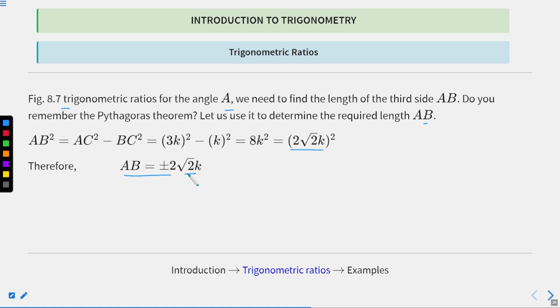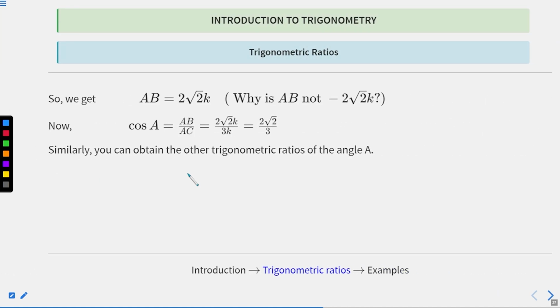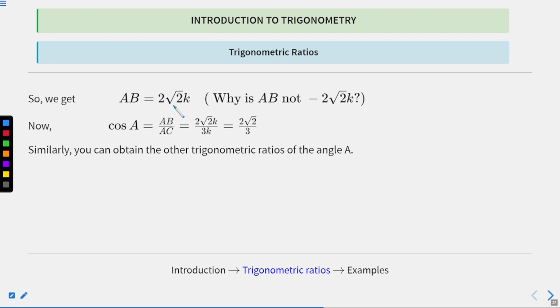We know length cannot be negative, so we can take only the positive value: AB is equal to 2 times root 2 K. Now cos A is equal to AB divided by AC, and here AB is equal to 2 times root 2 K and AC is equal to 3K.